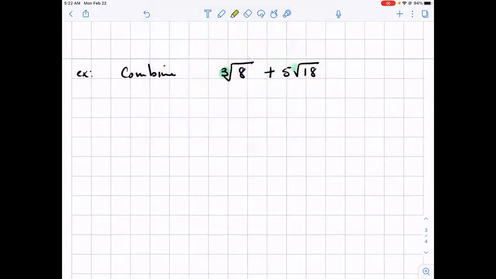In this example, the radicands are different, but maybe we can simplify the radicand. So the radicands can be simplified.